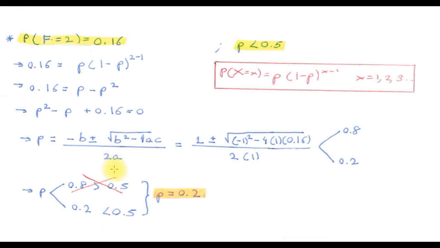We're left with 1 plus or minus the square root of (minus 1) squared minus 4 times 1 times 0.16, divided by 2 times 1.